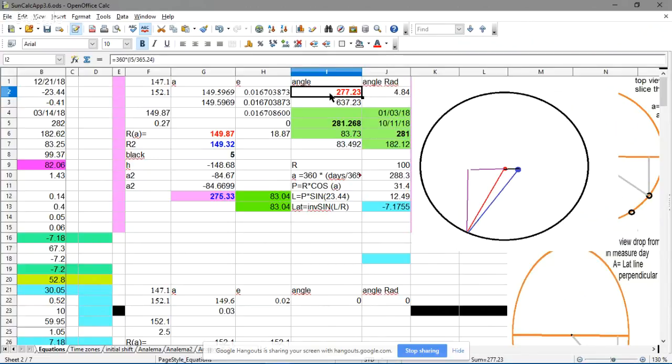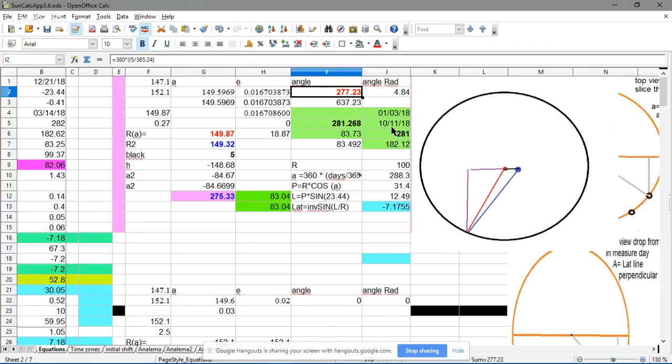You see it color coded in red because it's in relation to the empty focus. So on 11th of October, it will be day 281, and the angle will be 277. So it will be starting from here. But let's get it to an angle similar to this.